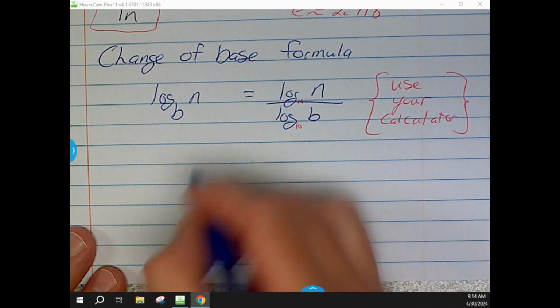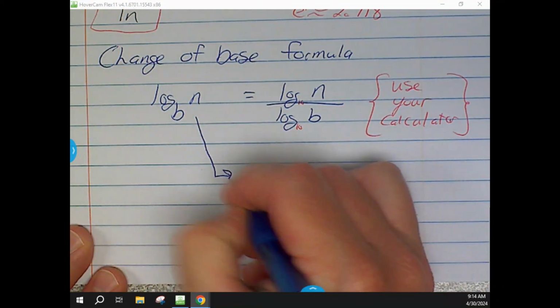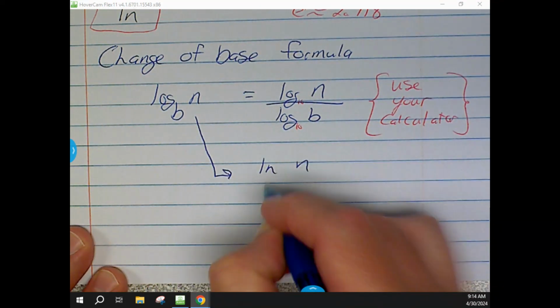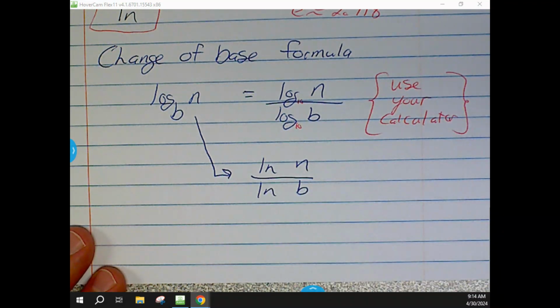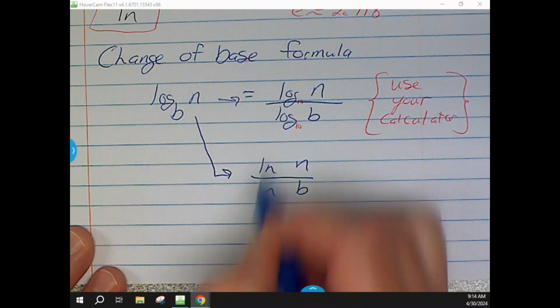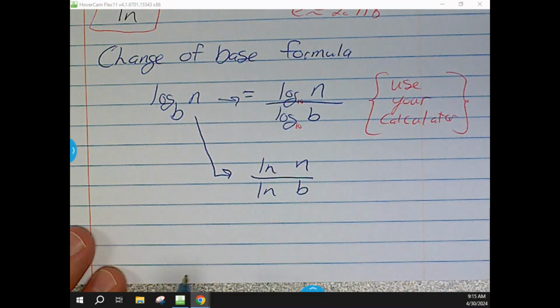Now, you can also use the LN button. You can also do the LN of N divided by the LN of b. So you can either use the log button or the LN button. Which button you use doesn't really matter, just as long as you use the same one twice, it's okay.